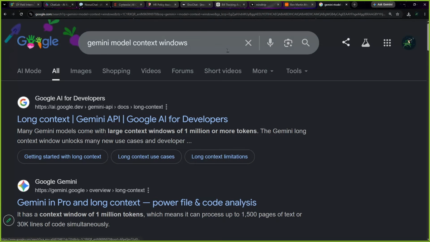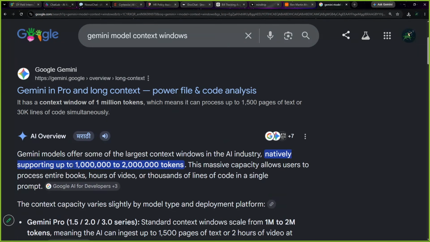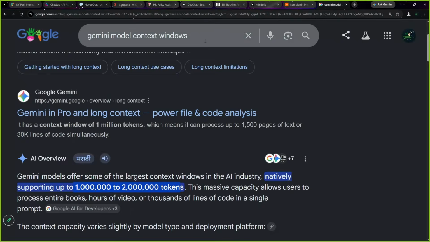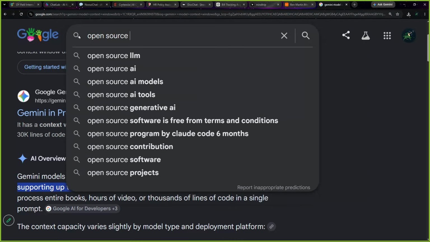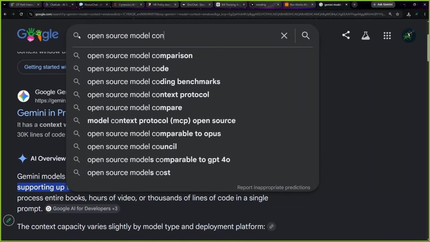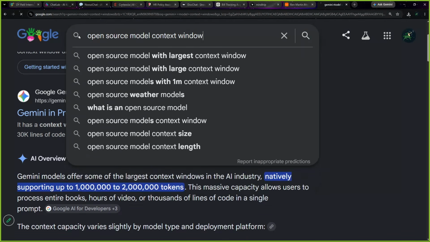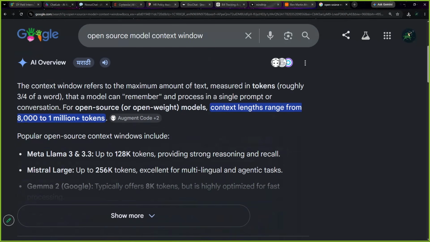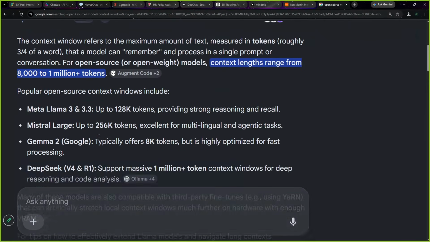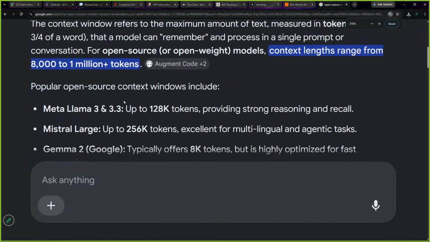We have other small models. See, Gemini has 1 lakh to 2 lakh tokens context window. If we check open source models' context window, see what kind of response we will get. 8,000 to 1 million tokens. Sorry, this is not the best response.